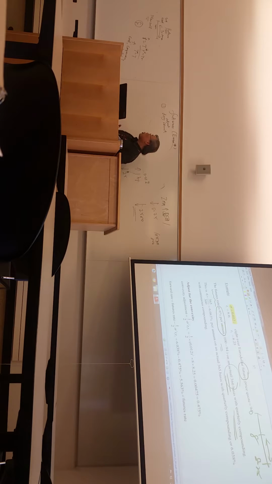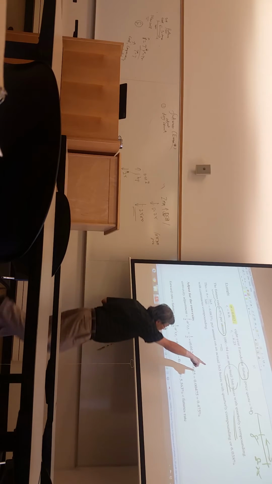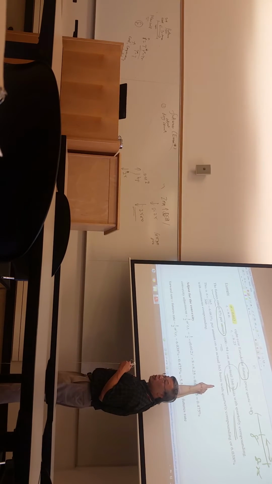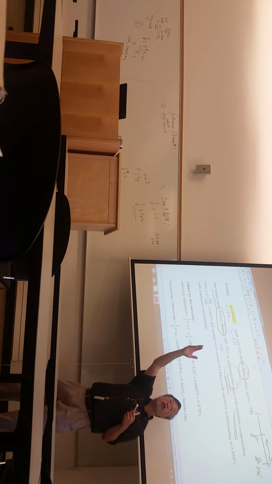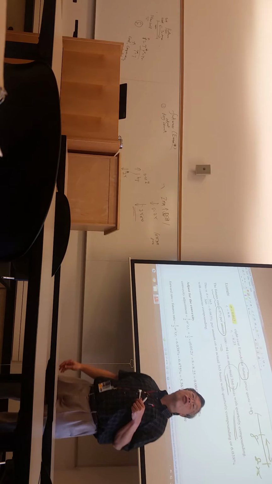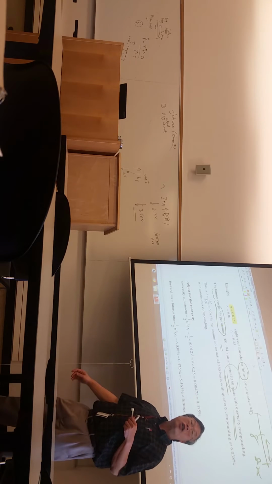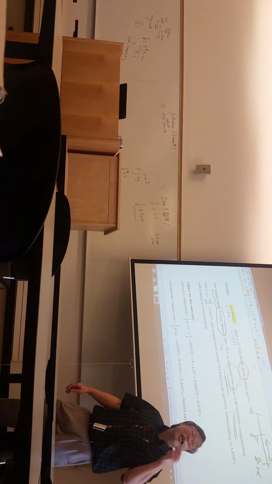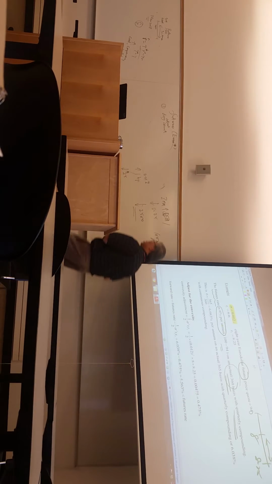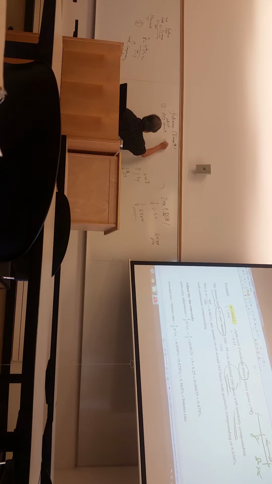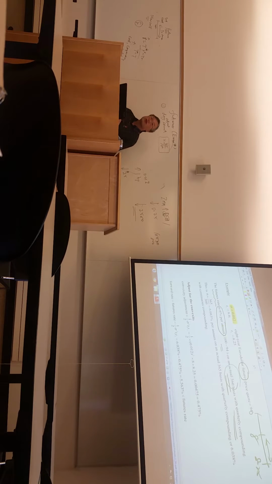Remember that the interest rate I get here assumes that there are 360 days in a year, because the day count is actual over 360. But in the forward contract, we assume that there are 365 days in a year. The first adjustment is I have to multiply by 365 over 360. So this is the first thing I do. Is it clear?